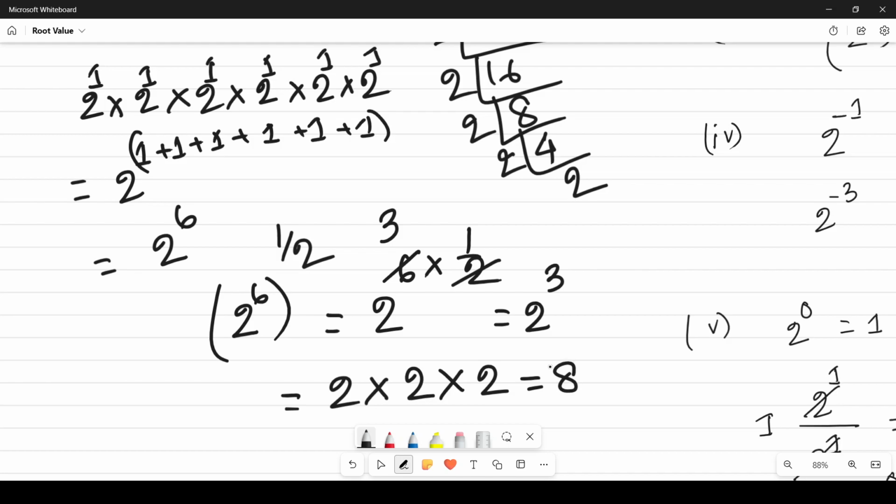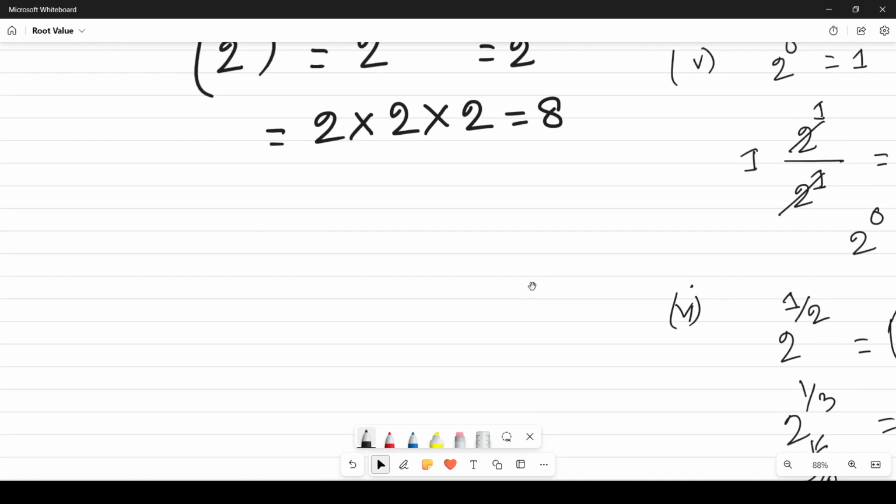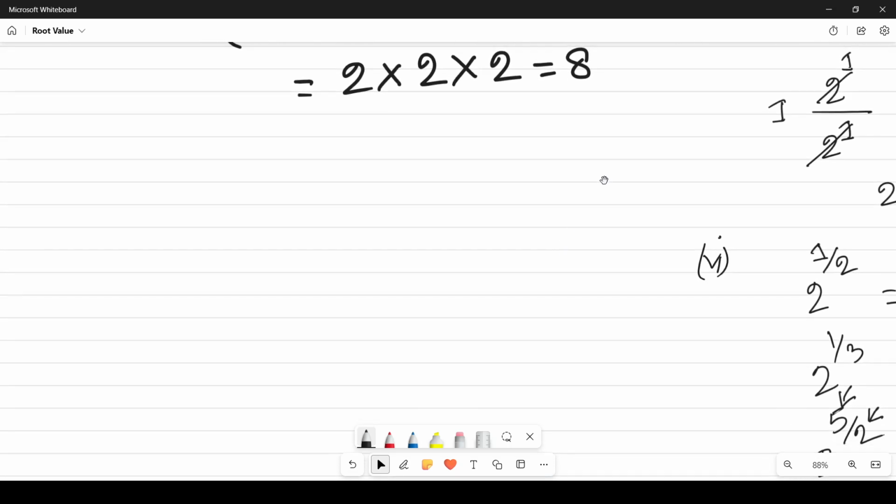So this is the way of doing root calculations, and you can do any root calculations, like square roots, you can do cubical roots. Let's do a cubical root. Let's try to find out the cubical root of the same number 64. What does this cubical root mean?